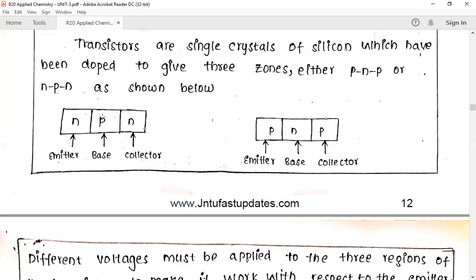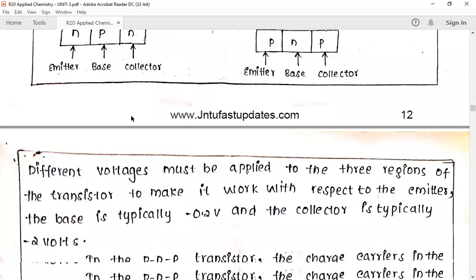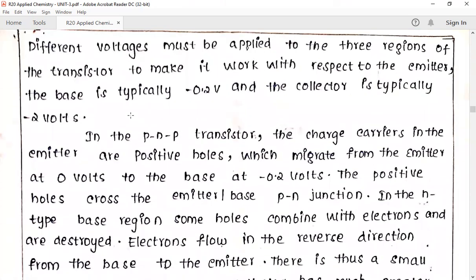The remaining electrons, because only a few holes are available for recombination, cross the base and constitute the collector current. So in this way, the junction transistor works. The whole explanation is here.